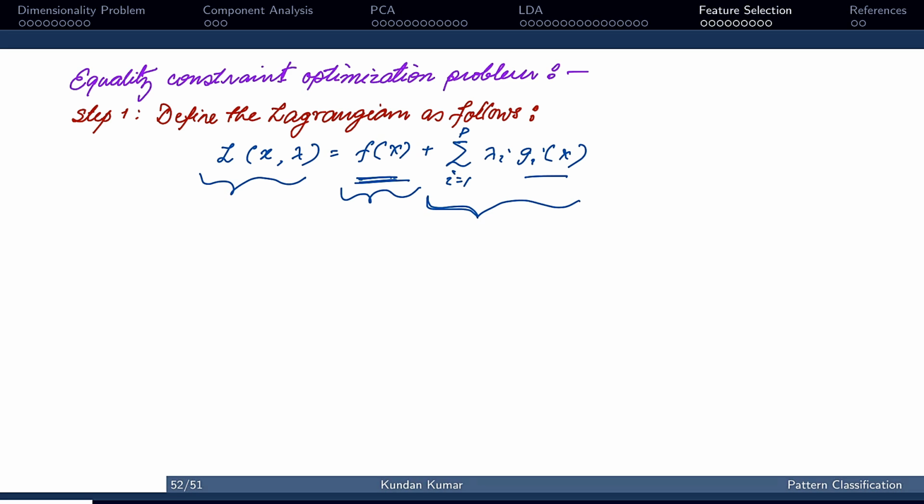We add the weighted sum of the equality constraints, where the weights are the lambda_i, which are dummy variables and are also called the Lagrangian multipliers.